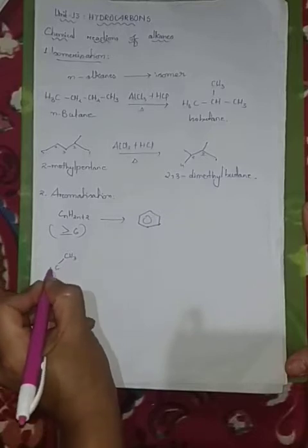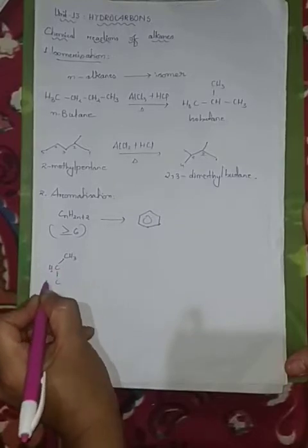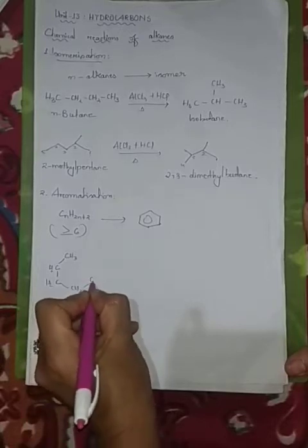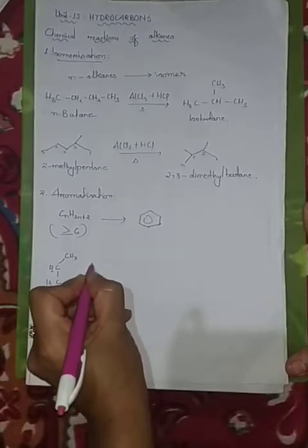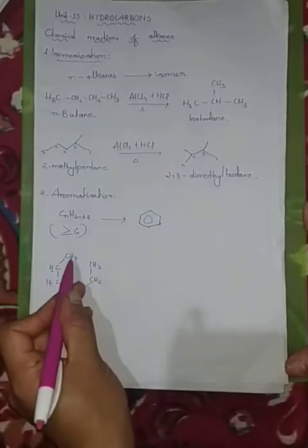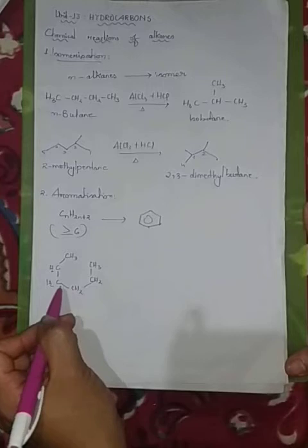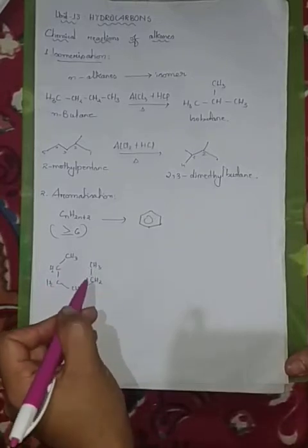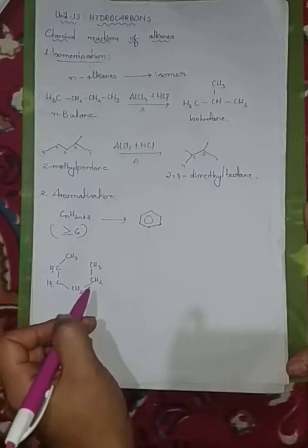CH3, CH2, this is a straight chain alkane. It is just that for formality and for ease of the chemical reaction, we have written it in this ring form.